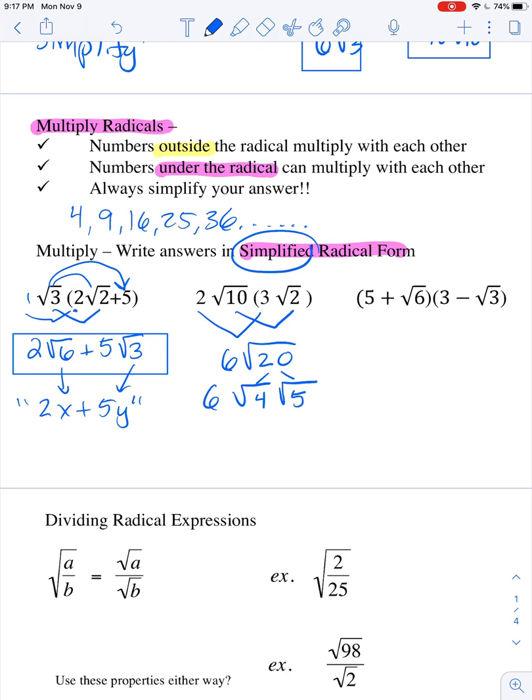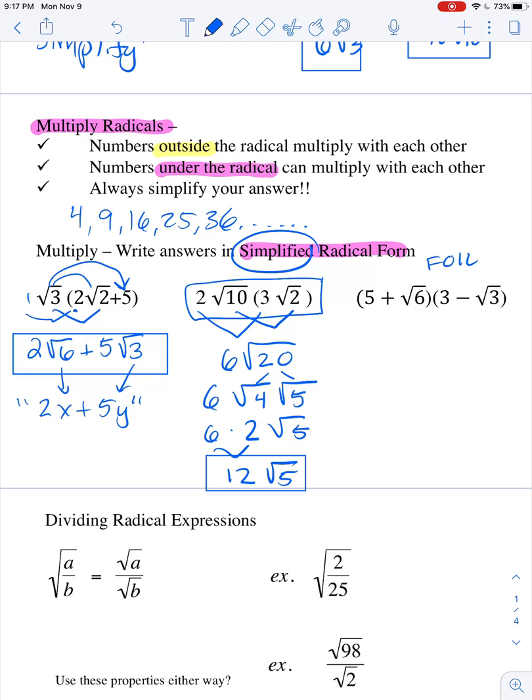So I'm just splitting that 20 up in a way that has a perfect square. Then this can come out as the 2, the square root of 4, and this is stuck under. These two now can commingle and become a 12. And so when I'm all done with my process, these two are the same, but I have multiplied and simplified.